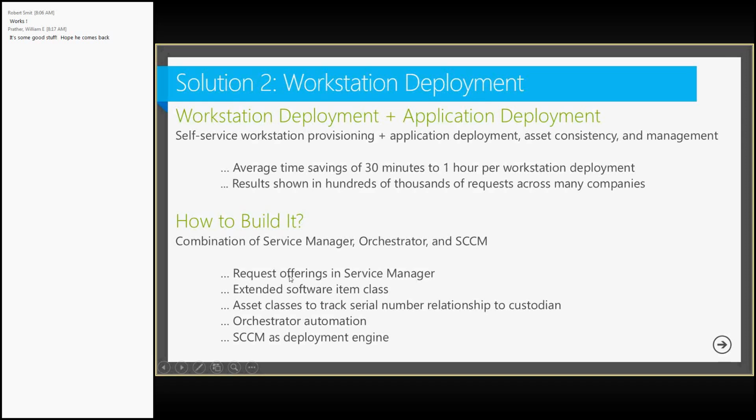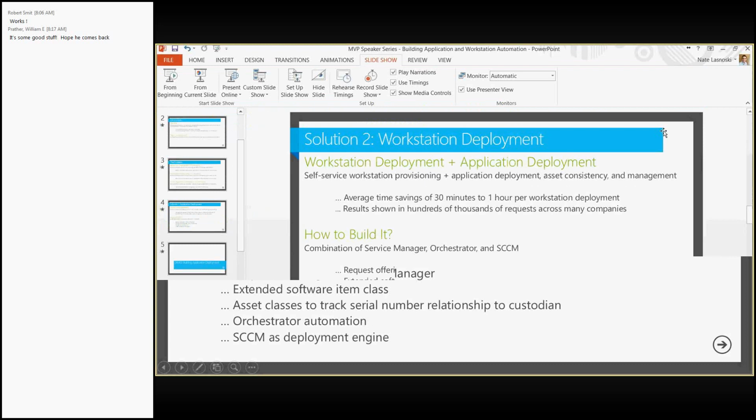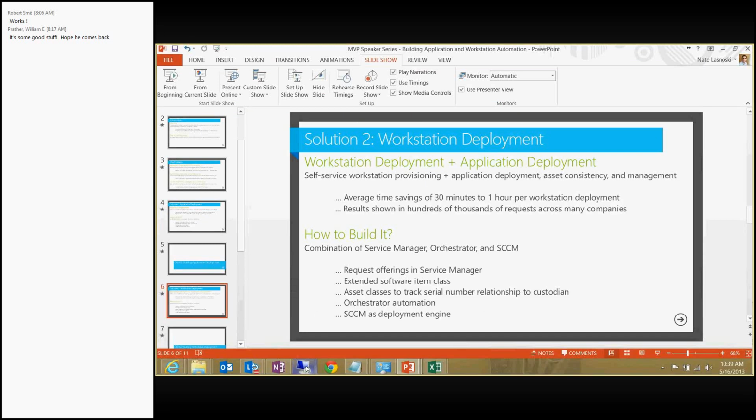We did this by combining the application deployment process that I just showed with an OS deployment process and asset tracking based upon serial number, tying the custodian to the workstation, as well as the relationship with the MAC address. All right. Let's get out of there. We'll go into Service Manager.